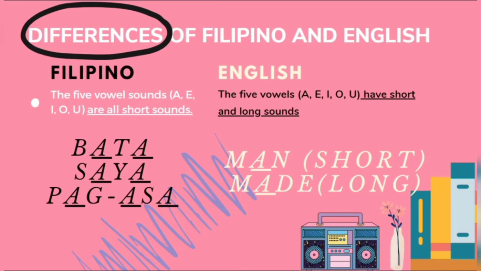It should be a long sound, made. A combination of E and A, made. There's a common mistake of Filipino English language learners because they tend to read English words as they read in Filipino, which is a no-no. Because in English, we have short and long sounds.